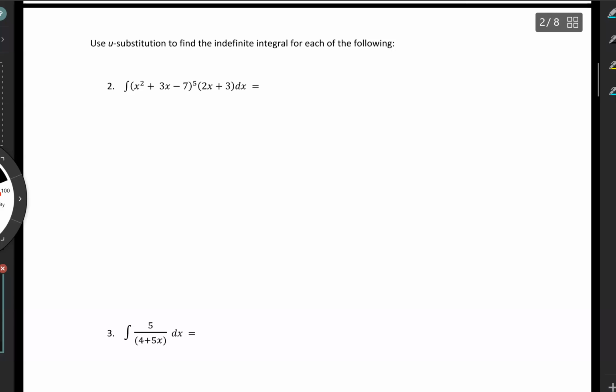Your very first job is figure out what basic rule are you trying to match. So remember, you have 3 basic rules. The reverse power rule. So I'll write that one down. Here's our reverse power rule.